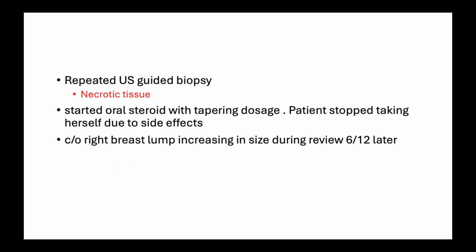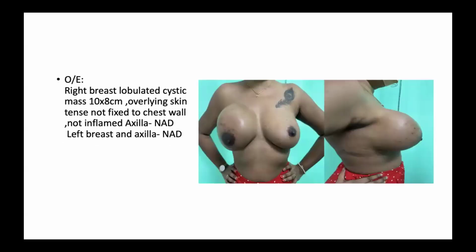So repeated ultrasound-guided biopsy shows it's necrotic tissue. So we started again with oral steroids with a tapering dose. However, she stopped it herself because of the side effects. At the same time, she has an increasing right breast lump, which was reviewed 6 months later.